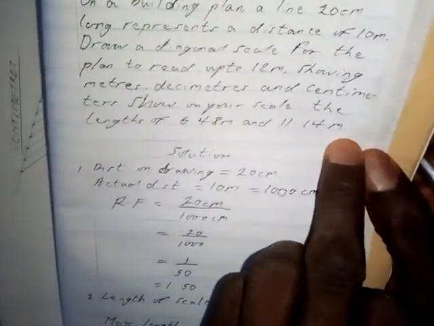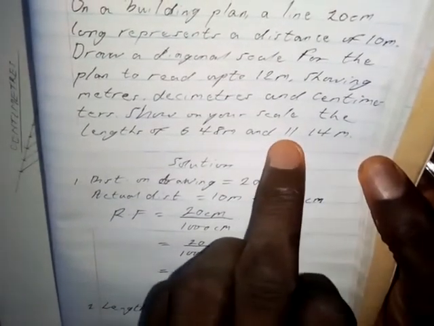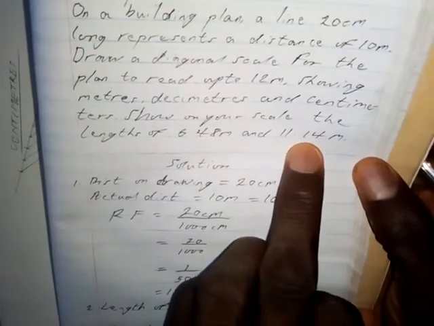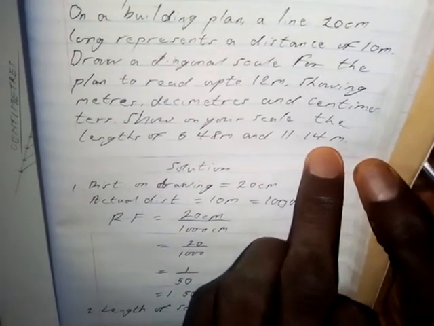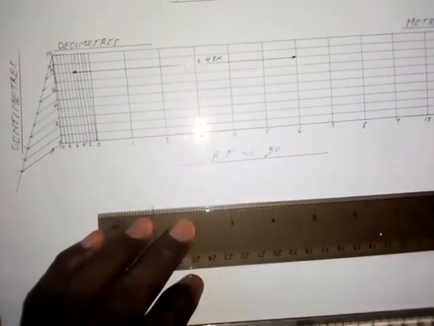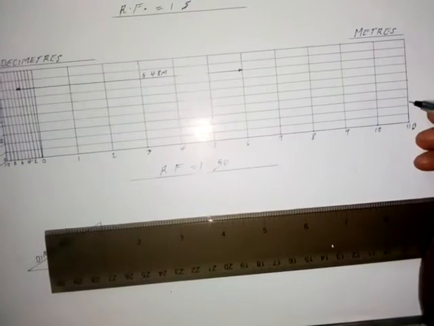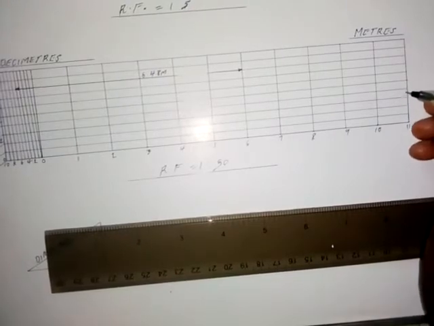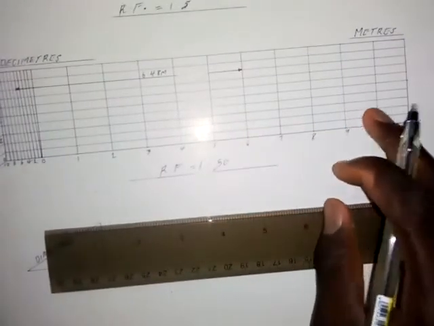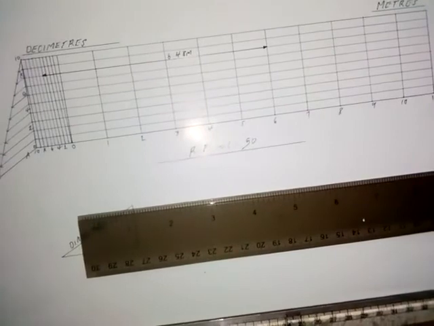11.14 meters. 11.14 meters means 11 meters, 1 decimeter, and 4 centimeters. So for 11, this is where I have 11 at the end here. I count 1, 2, 3, 4, 5, 6, 7, 8, 9, 10, 11. The next thing I want to get is my decimeter.